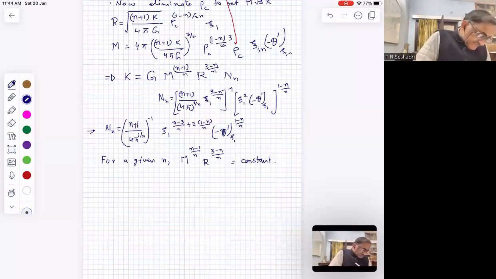Let me write it in two ways. M is proportional to R to the power (n-3)/n, multiplied by n/(n-1), hence mass is proportional to R to the power (n-3)/(n-1).